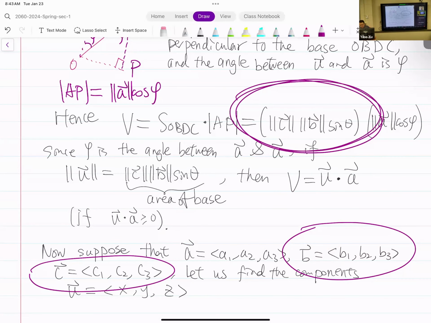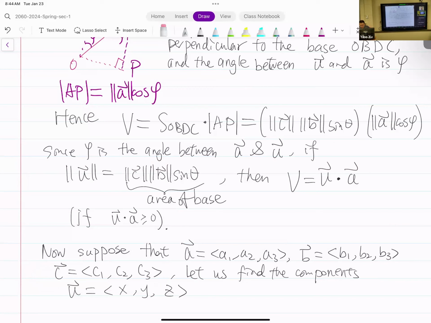By the way, the magnitude of B and C has a factor of sine theta. That sine is never negative, right? When your angle theta is between 0 and pi, this sine value is never negative. So this part is definitely fine. That's the magnitude. We don't really have to worry that it may be negative, but the angle phi is something else.